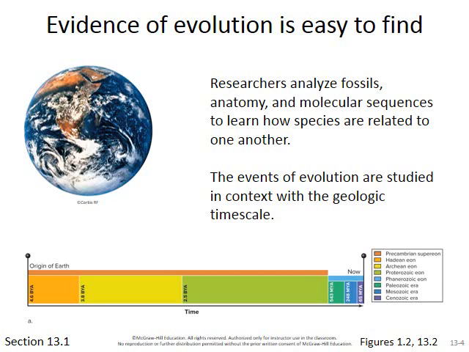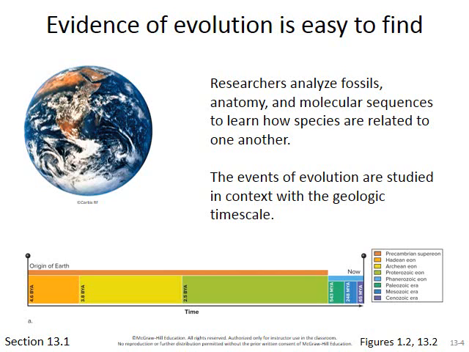Evidence of evolution is easy to find. Researchers analyze fossils, the anatomy of organisms, either the anatomy of organisms that are present today on Earth, or fossil anatomy compared to present day, or fossil anatomy compared to other fossils. And researchers also look at molecular sequences. All of these will be touched on during this lecture, and how they are used.